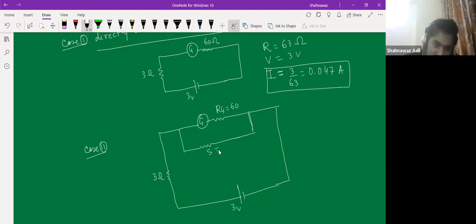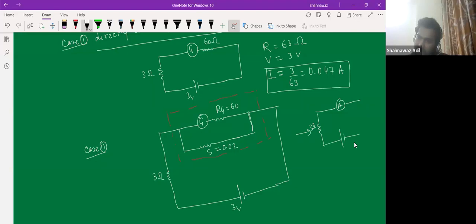We have connected it here, and then this is connected to the 3 ohm resistance and the supply.